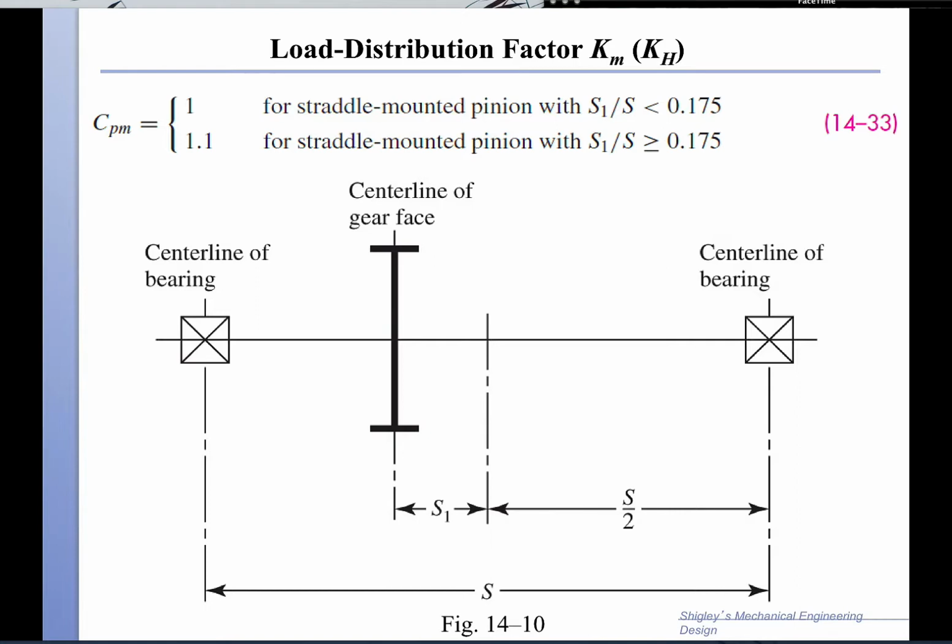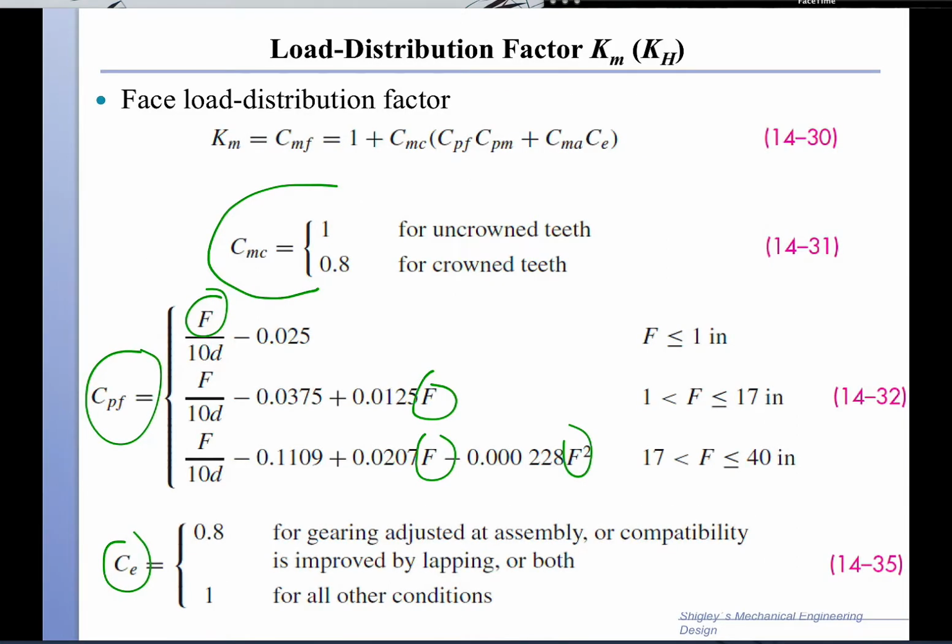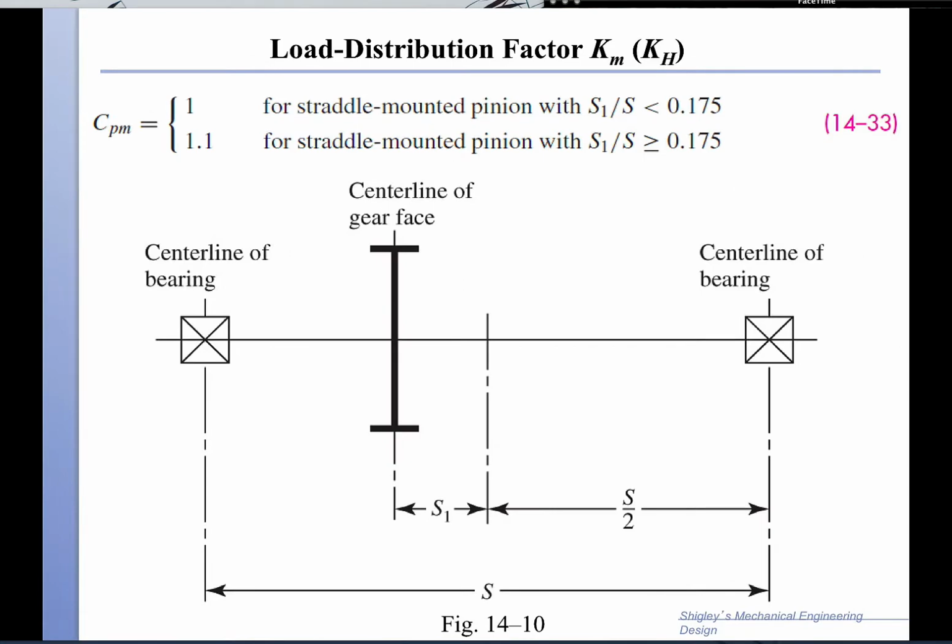The load distribution factor also has this factor CPM. So the CPM depends on the mounting. If you have bearings that are very close to the gear, it is different from bearings that are very far.